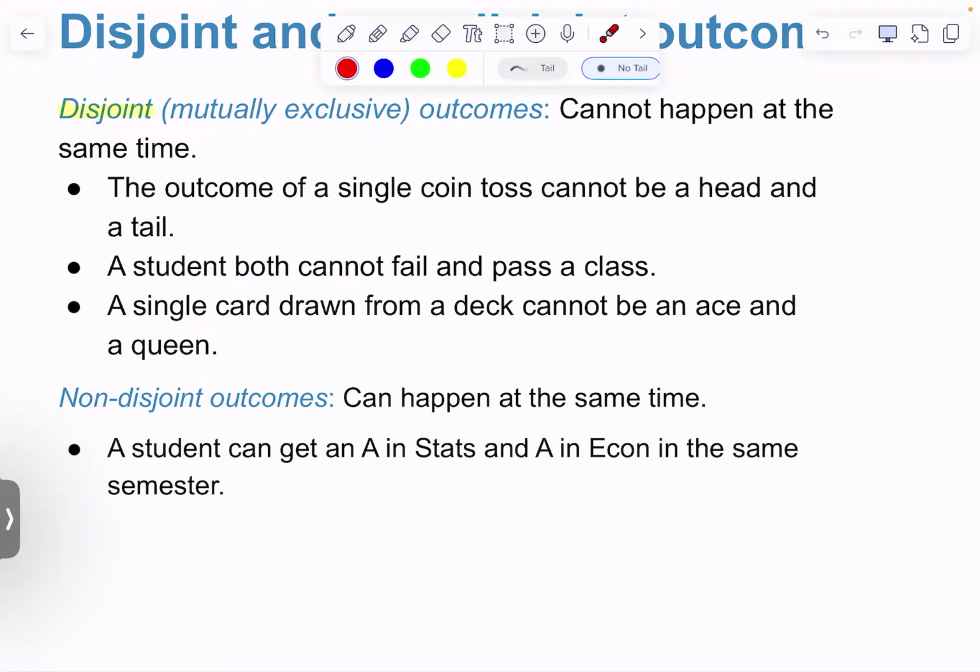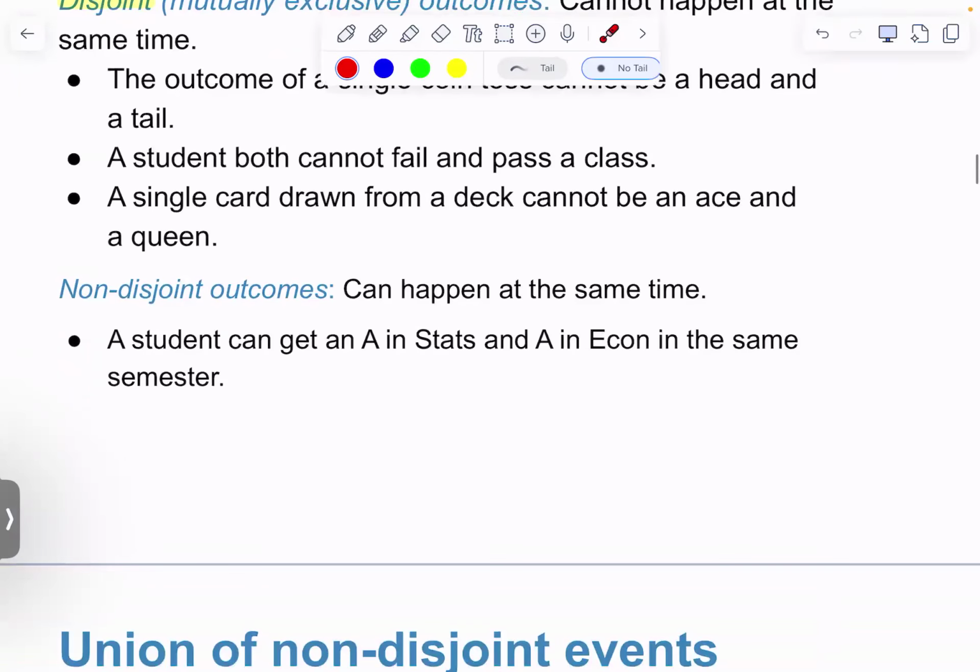Whereas some non-disjoint outcomes, right? There are non-disjoint outcomes, means that two things can happen at the same time, right? We'll still be able to find the probability, but we have to be aware of if it's disjoint or not. Okay? So some non-disjoint outcomes: a student can get an A in stats and an A in econ in the same semester, totally reasonable, right?